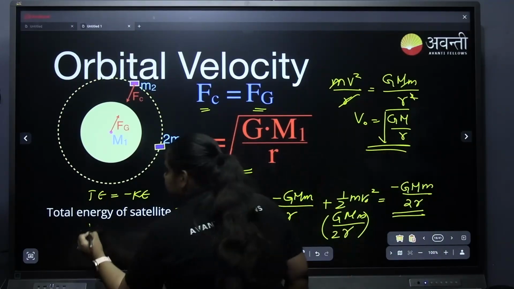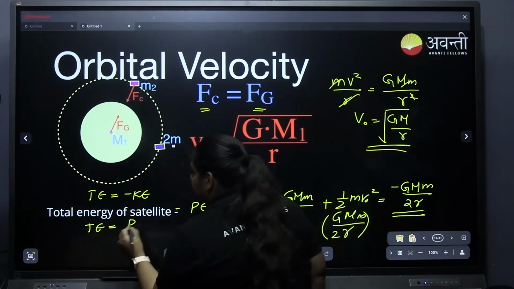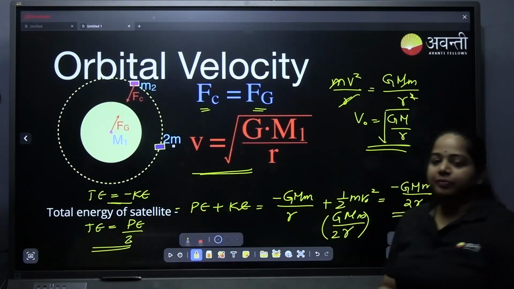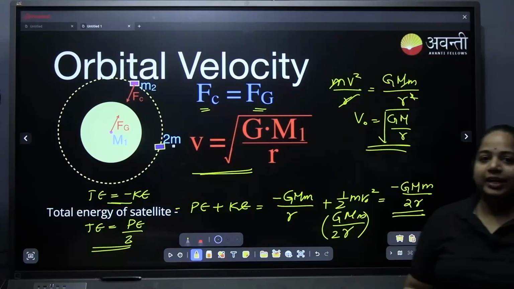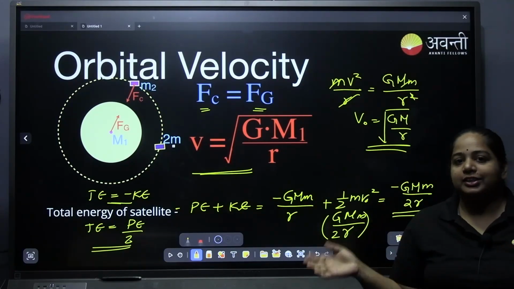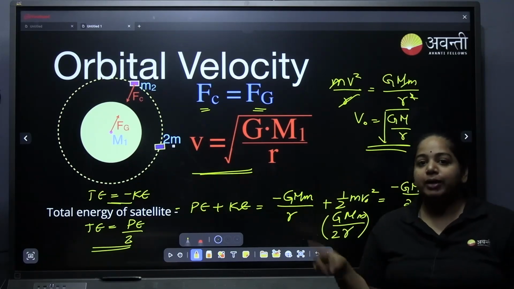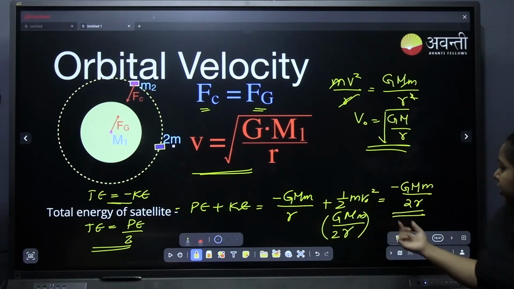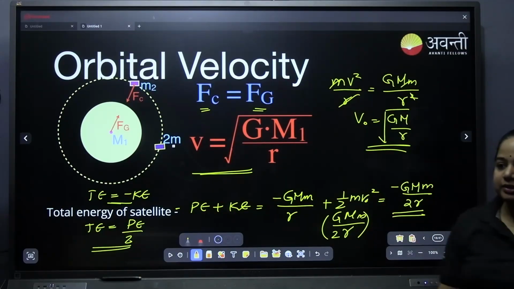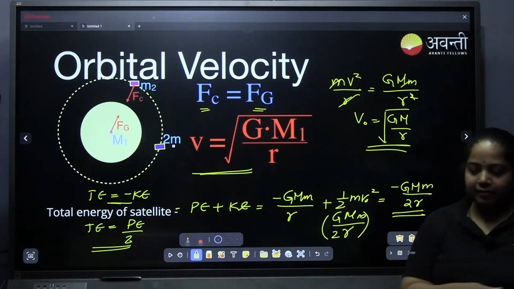Another comparison is total energy is potential energy by 2. So remember this. Total energy of a satellite is the negative of kinetic energy, or total energy is equal to potential energy by 2. And the final formula also. Is this clear for all? This is the last topic for today. We will start PYQs then.